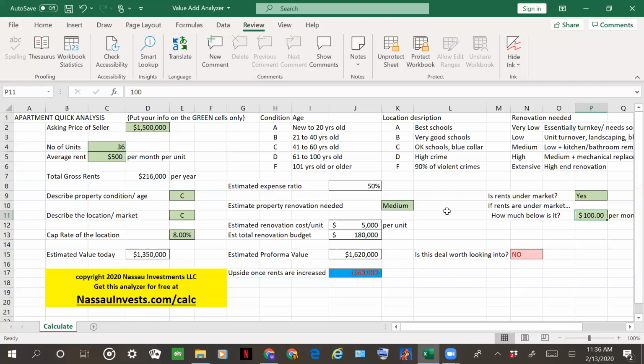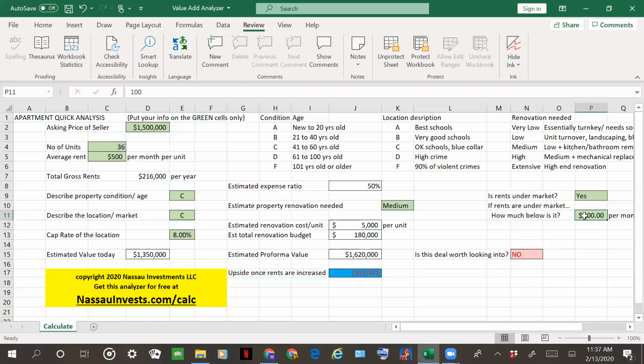You're buying it for 1.5, and you put in, let's say, $5,000 per unit in capex, capital expenditures to improve the apartments, the landscaping and so on. But the building is worth 1.62. You bought it for 1.5, you put in $180,000 worth of renovation, and you basically end up losing money. So the deal is not a good deal to do.